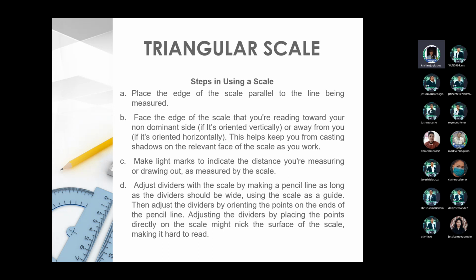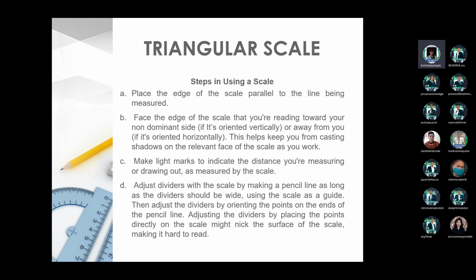Next, face the edge of the scale that you're reading towards your non-dominant side if it is oriented vertical or away from you if it is oriented horizontal. This helps keep you from casting shadows on the relevant face of the scale as you work. The third is to make line marks to indicate the distance you're measuring or drawing out, as measured by the scale.